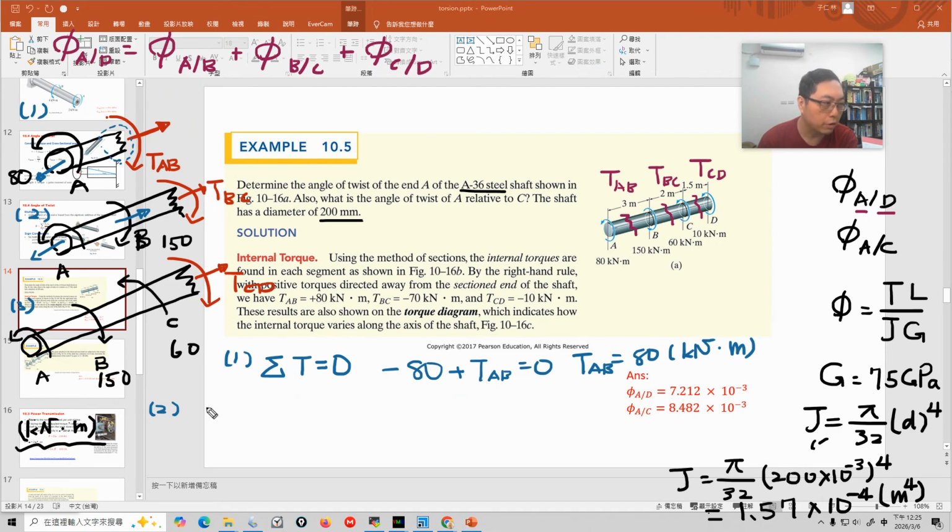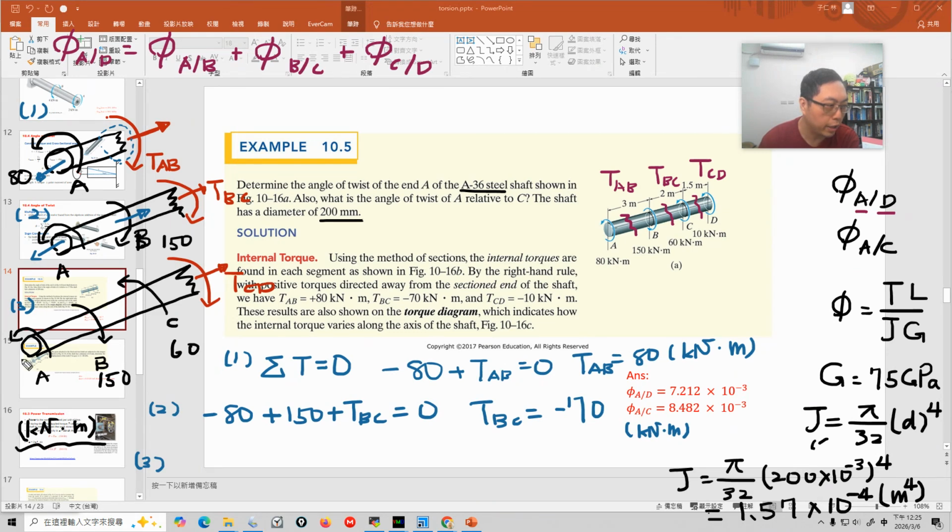So this is minus 80 plus 150 plus TBC is equal to 0. So TBC is minus 70 kilonewton times meter.